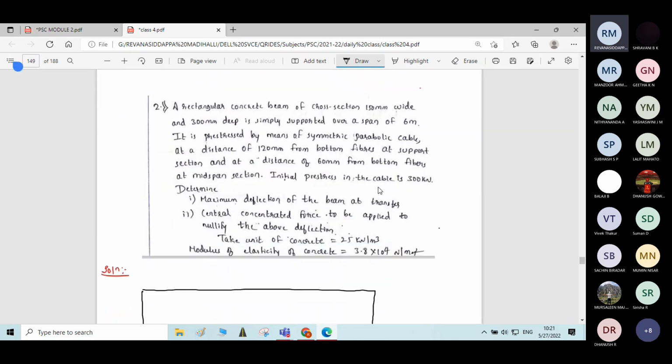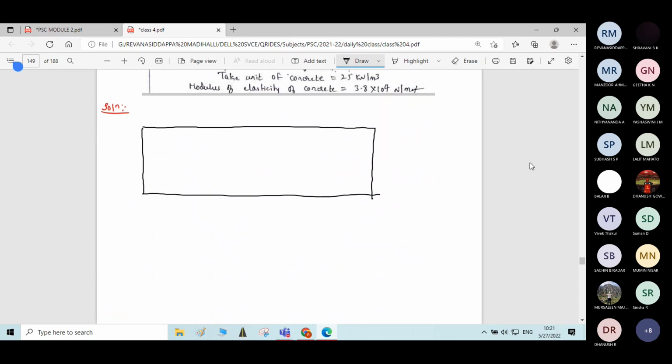Cross sectional dimensions 150 by 300 mm. Write the central axis. Okay, now go to the cable profile.